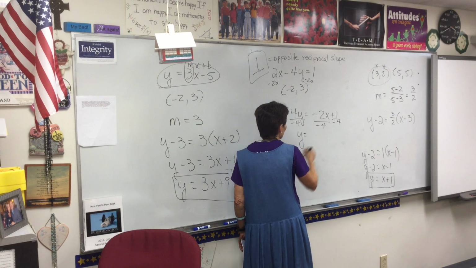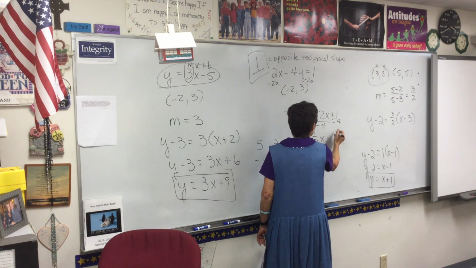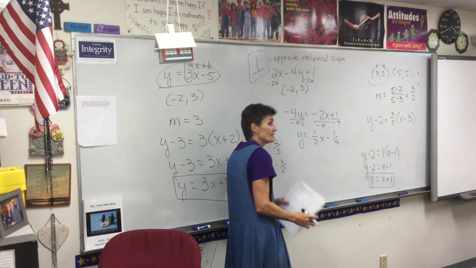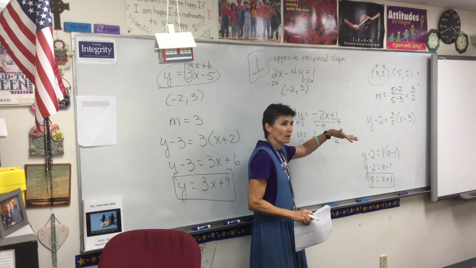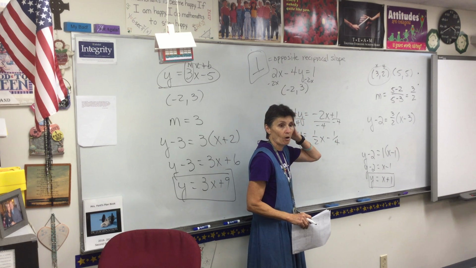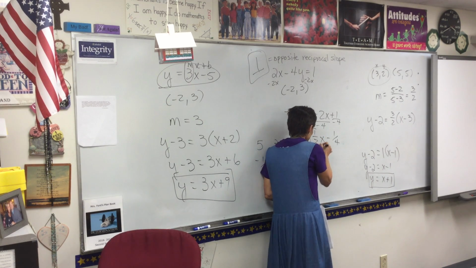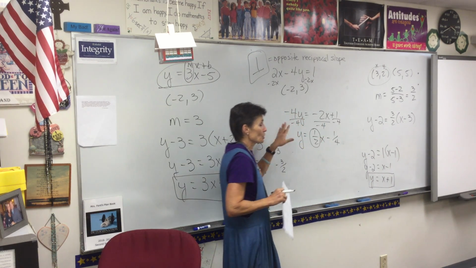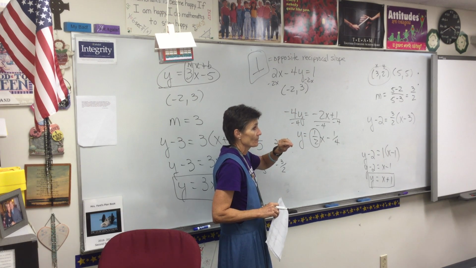So y ends up equaling 1/2 x minus 1/4. Now, the 1/4 is awesome, but I really don't care about it because when I'm dealing with parallel and perpendicular, all I look at is the slope. The slope of that line is 1/2.